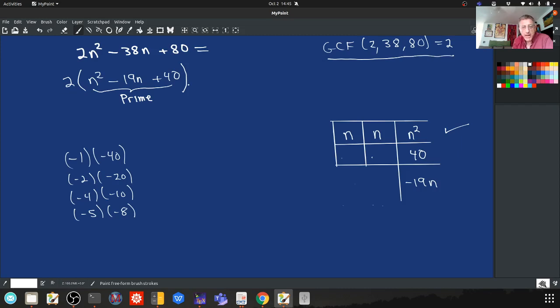But once we factored out the GCF, then what remained, the monic trinomial in the variable n, turned out to be prime. So it's not true to say that the original was prime, because the original could be factored. But that's as far as it can be factored, because the resulting trinomial in the variable n cannot be factored, so it's prime.